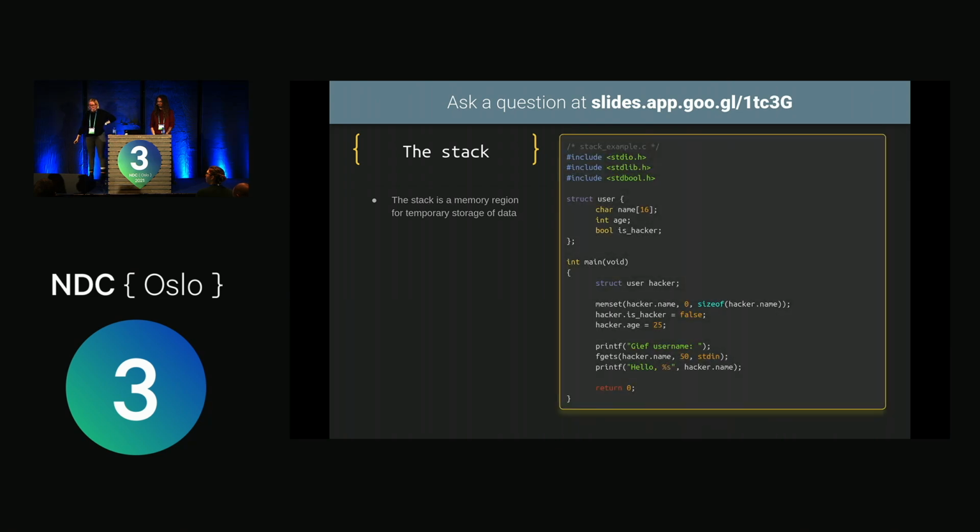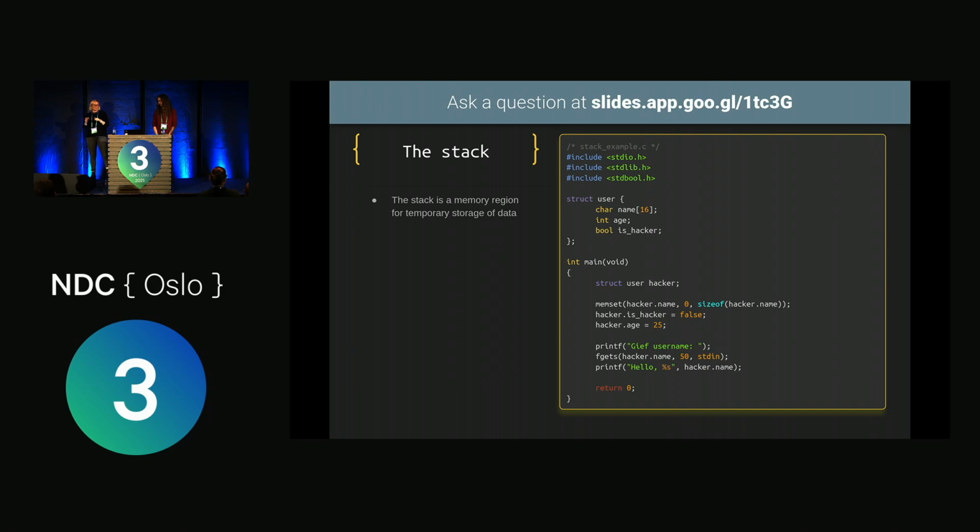So let's take a look at this code snippet, which is very similar to the one in the beginning. But it has this struct called user with 3 members. When we run the program, we initialize the user struct called hacker by nulling out the name and setting the name, the age and is hacker.